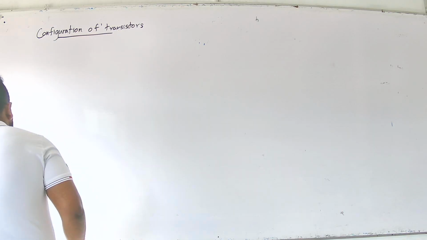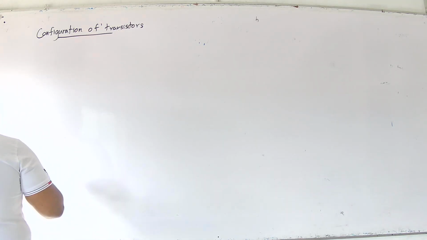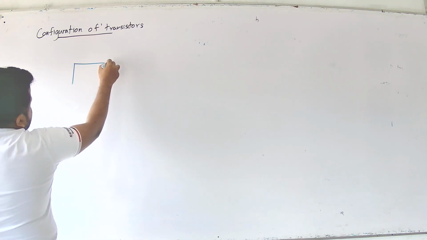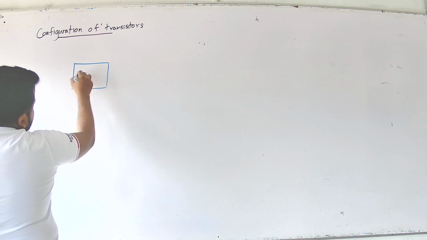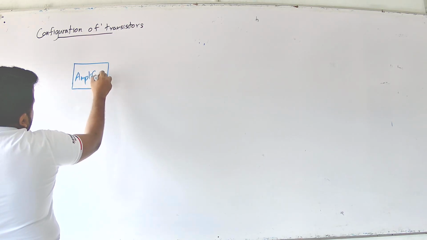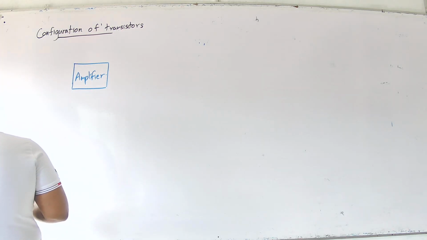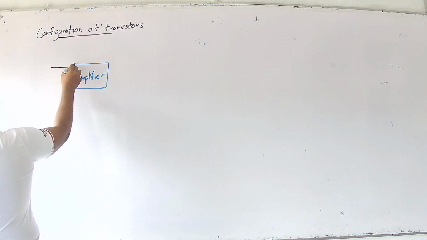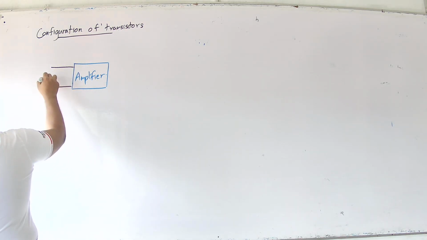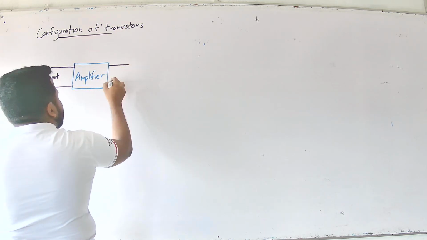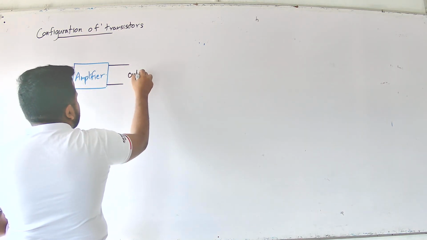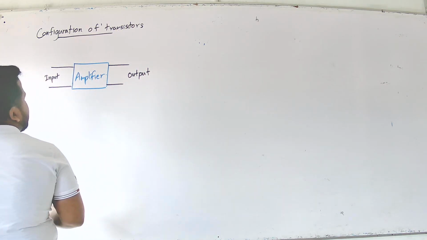Okay, so mainly we are using the transistor to amplify. So in an amplifier, there is a transistor. We have to input, then we have to get the output, right?